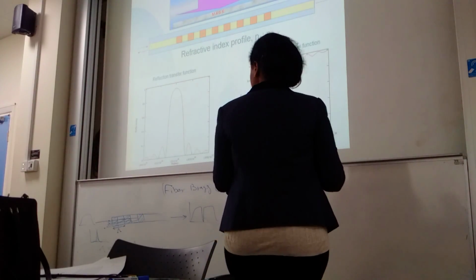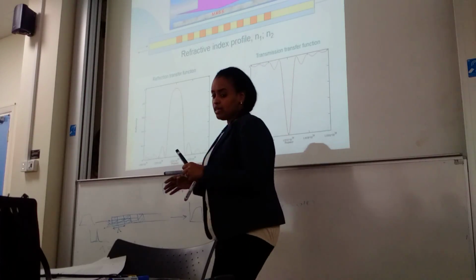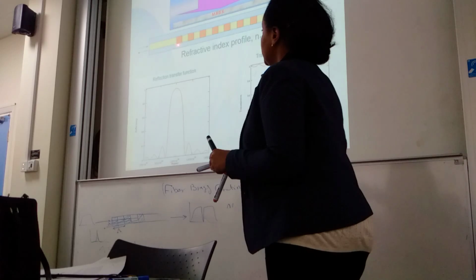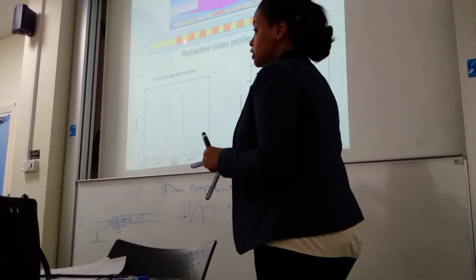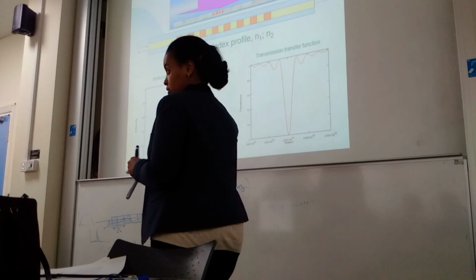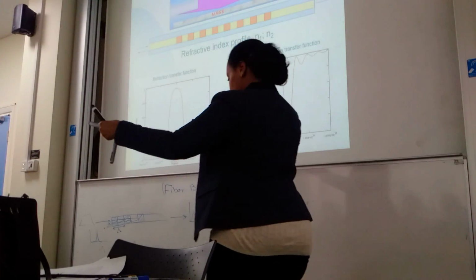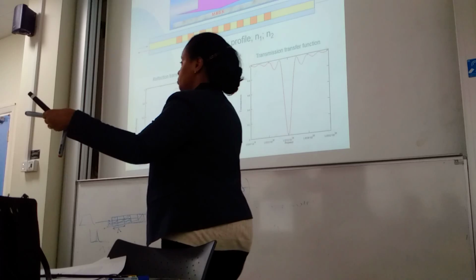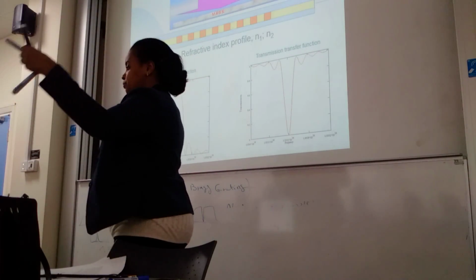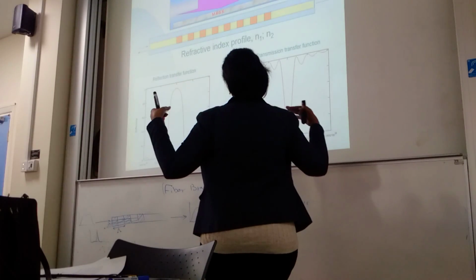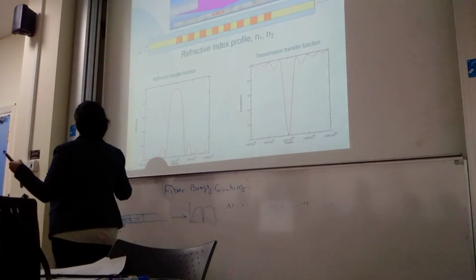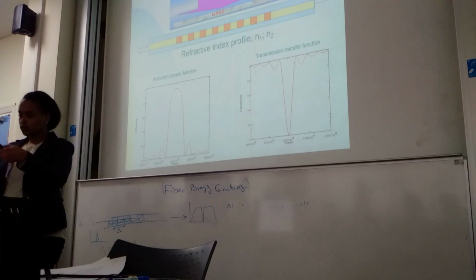When the intensity is high, the refractive index will increase. When it's low, the refractive index will not change. So we get the germanium doped core fiber and put through an ultraviolet signal or two signals.